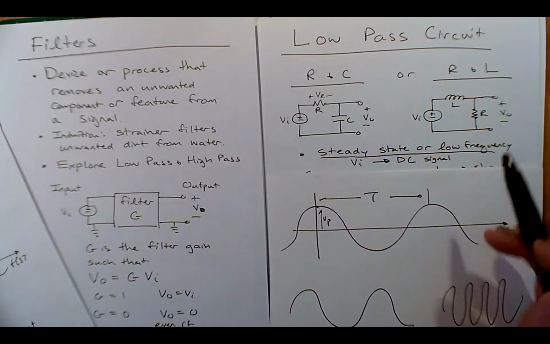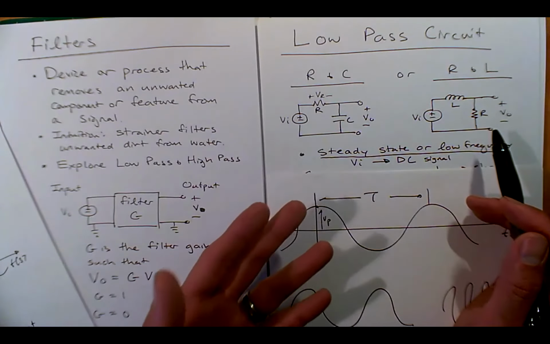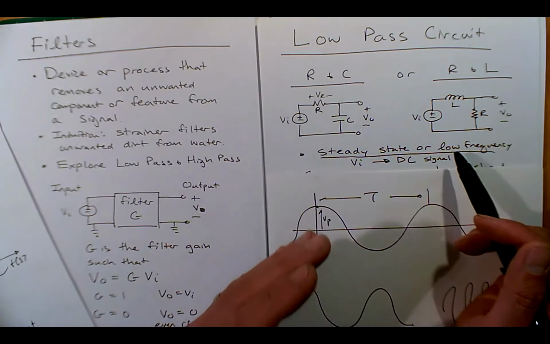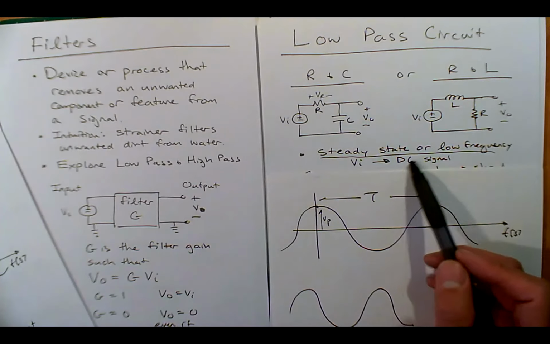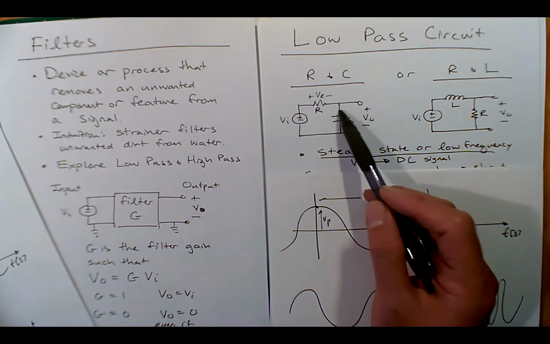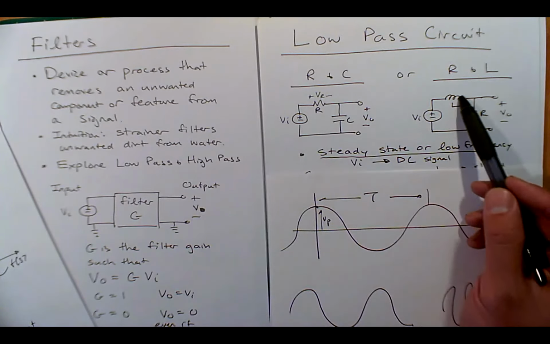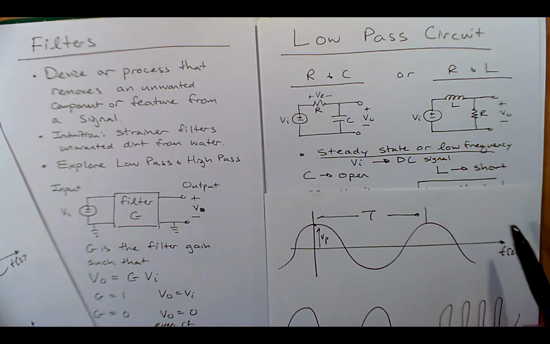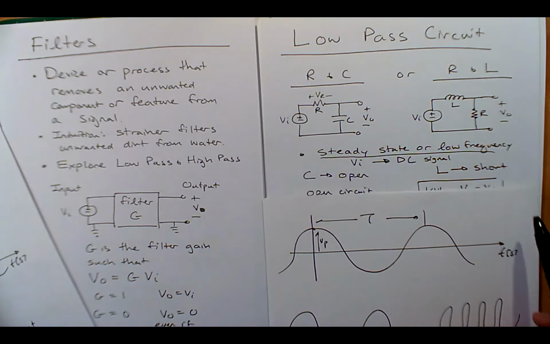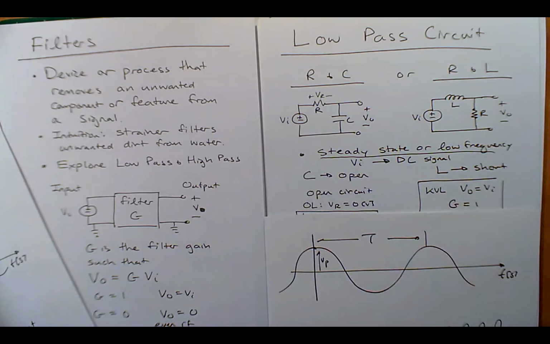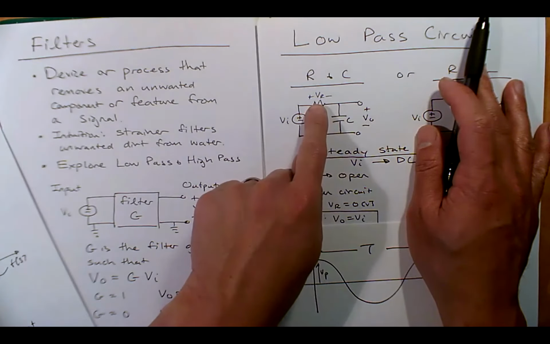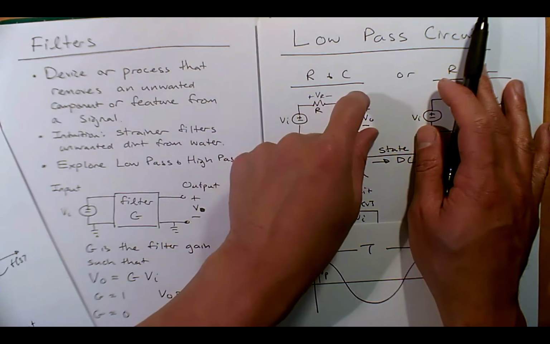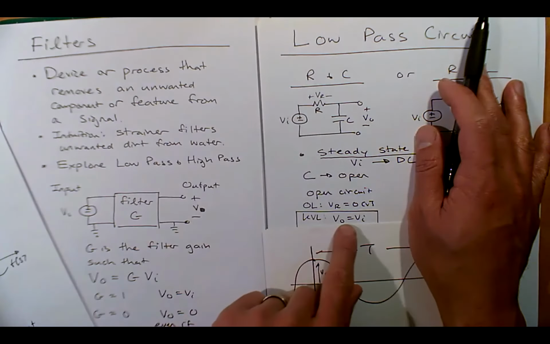Now, in steady state, we're going back to our physics and asking, what do the inductor and the capacitor behave like? Well, in steady state or low frequency, the capacitor behaves more and more like an open, whereas the inductor behaves more and more like a short. In this case, we have an open circuit, which means less current flows through here, which means V out equals VI by KVL.